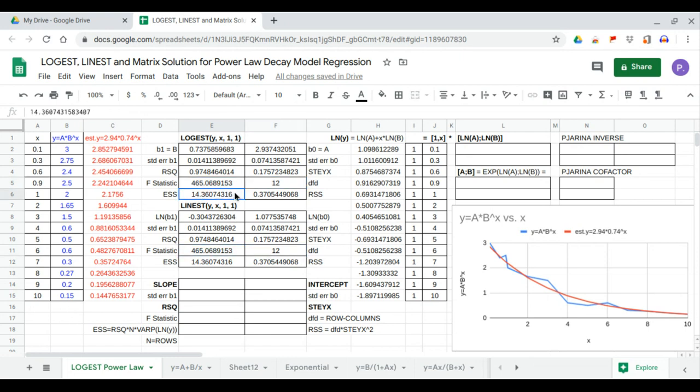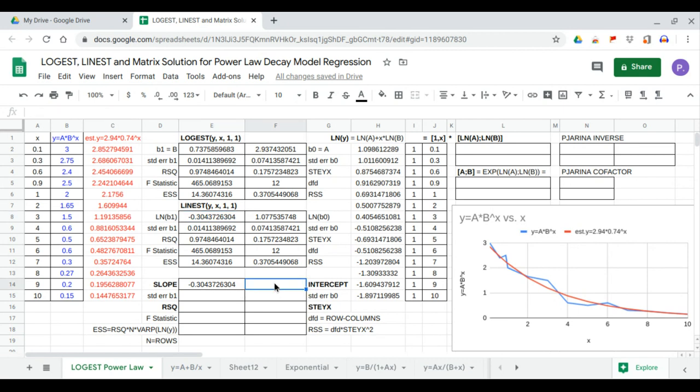Our regression sum of square and residual sum of square are the same. But this one is the logarithm of our LOGEST output. So let's test that. We use ln of b. So this is ln of b, matches our LINEST output.